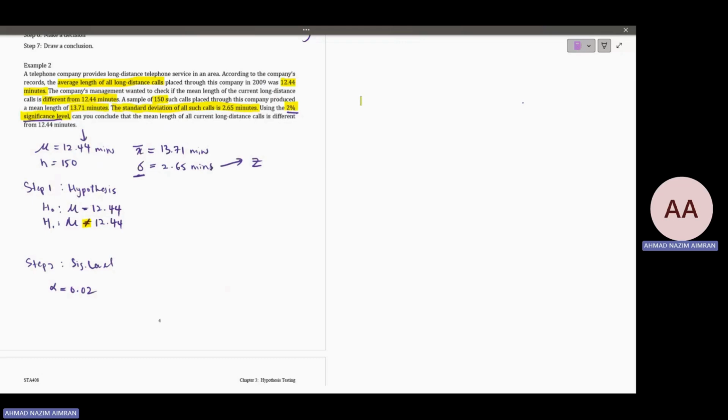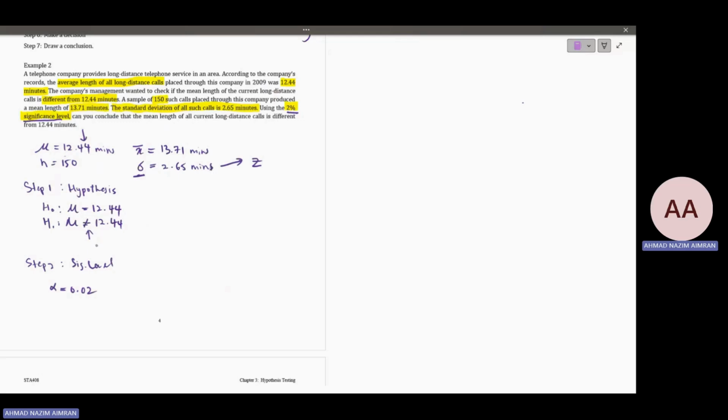What about one-tailed test? If you use the greater than symbol, this one is one-tailed test. Or if you use the less than symbol, this is one-tailed test. But now we want to check whether it is different or not.